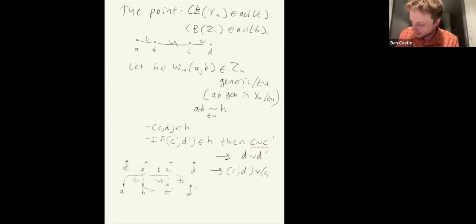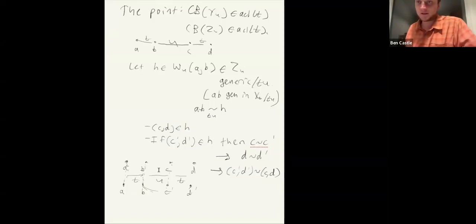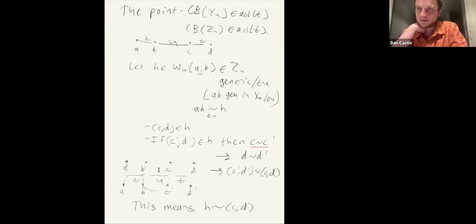So H is a finite set of points, but it's not that crazy of a finite set of points because all the points in H are interalgebraic with each other. So this means in particular that H as a whole set is just interalgebraic with our original CD. It's a finite list of things and they're all interalgebraic with CD, and the result is still interalgebraic with CD.